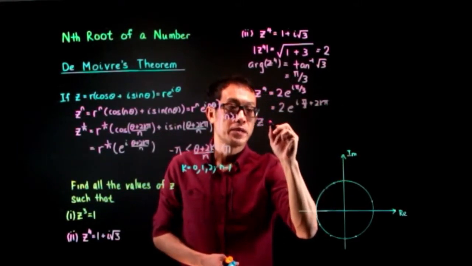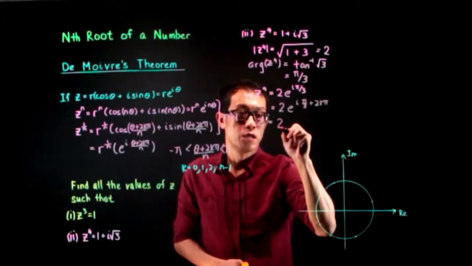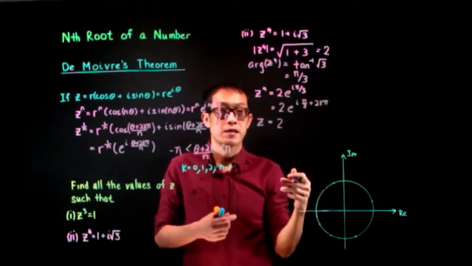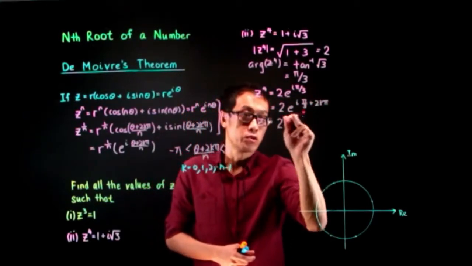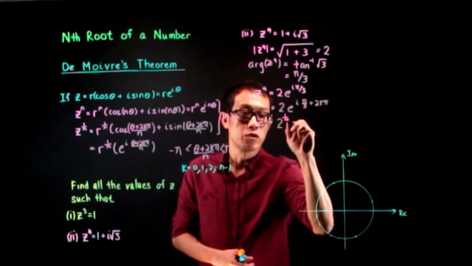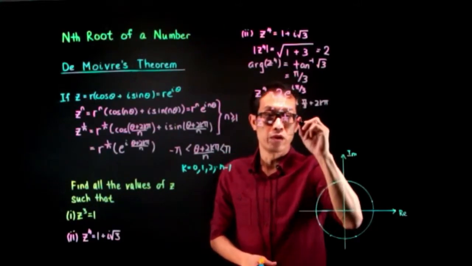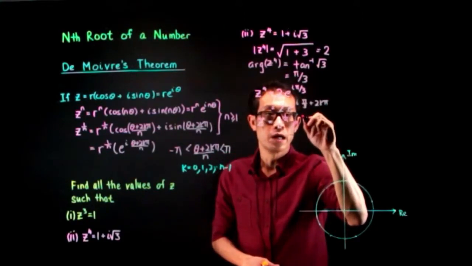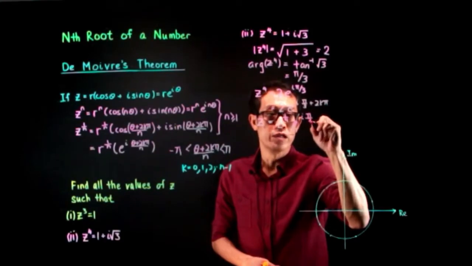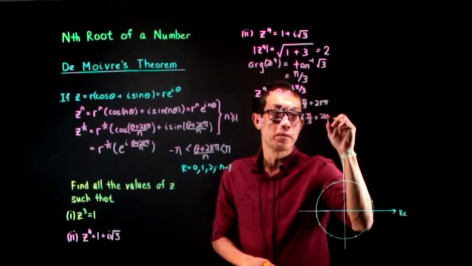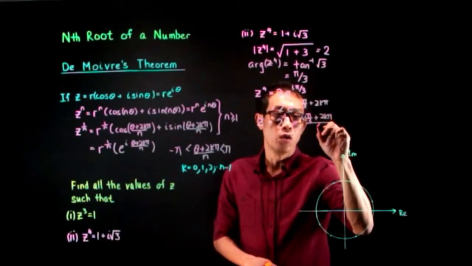So z will be equal to, now you must take the fourth root of this whole thing. According to De Moivre's theorem, this will be the fourth root of 2, e^(i (pi over 3 plus 2k pi) over 4).